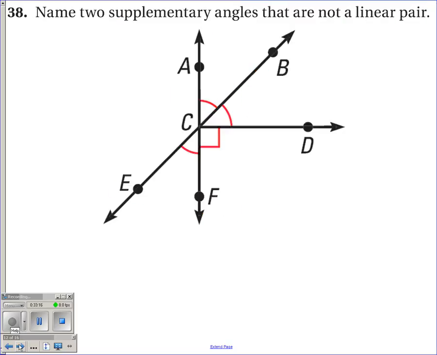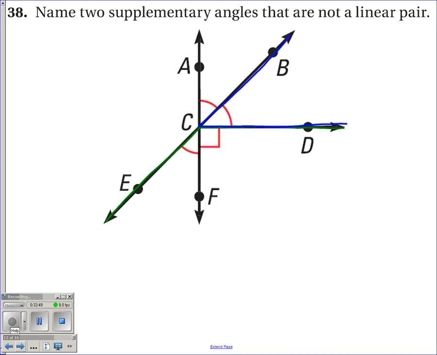Number 38. Now 38 is tricky. It says, name two supplementary angles that are not a linear pair. Well, that complicates things, because normally with a linear pair, I would take that angle and then I would come in with this angle.